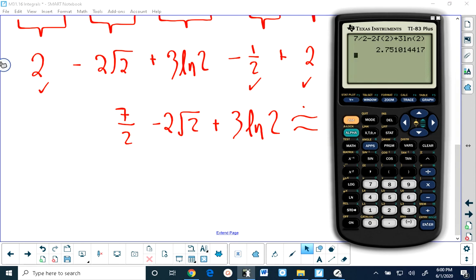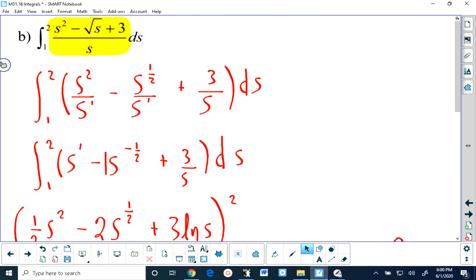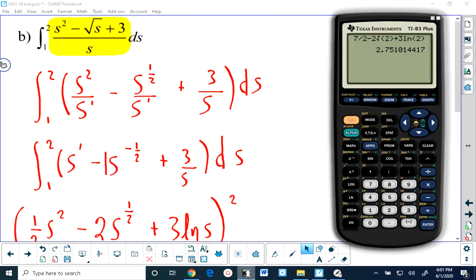If I wanted to check it on my calculator, I would have to go back up, and I'm going to graph the original integrand. I'm not going to graph what we simplified it to be. And of course, I have to use x. It was x squared minus root x plus 3 divided by x.